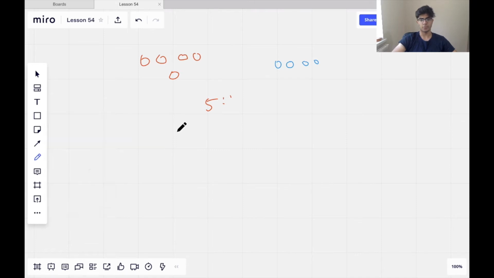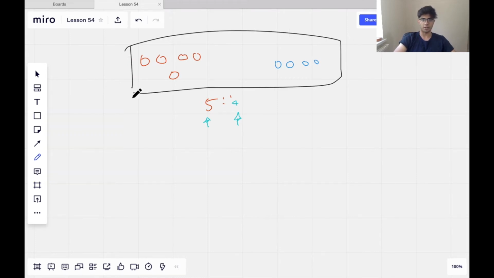Because 5 of whatever, in this case red balls, to 4 blue balls, that's the ratio between the two. So for every 5 red balls, there are 4 blue balls. That's what this ratio means. If there was a bag which this was all contained in, say this was one big bag, this is what the ratio would be illustrating: for every 5 red balls in there, there are 4 blue balls.